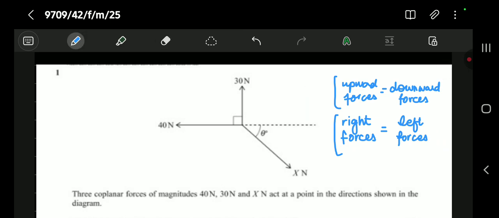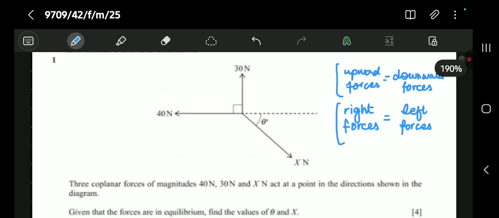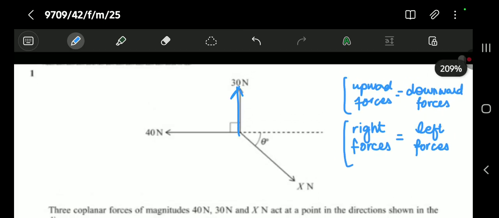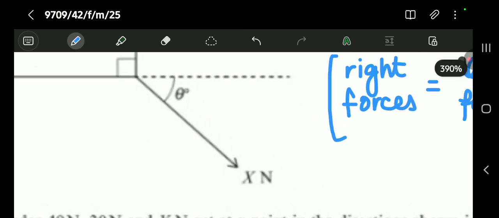Now let's begin the calculation. We know that this is a vertical force, this is a horizontal force, so we don't need to resolve them. But the x force is at some angle, so we need to resolve it first, horizontally and vertically.